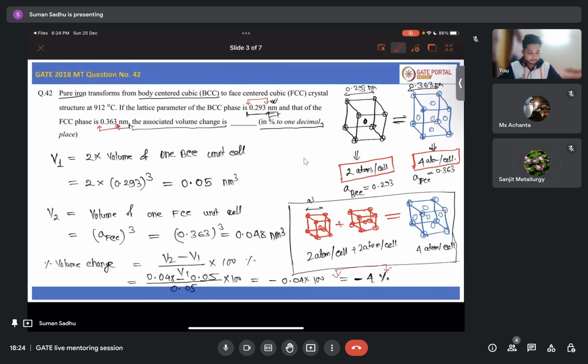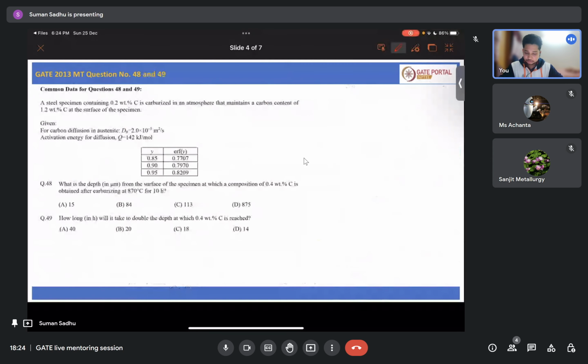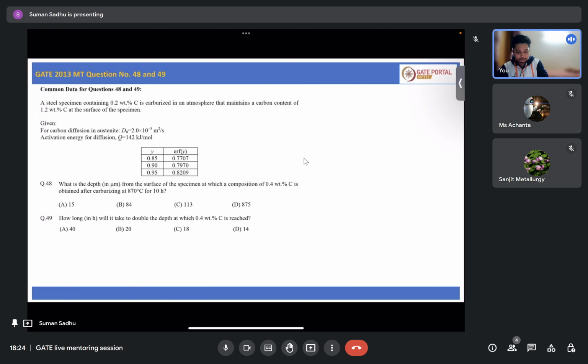Yes, sir. Okay, so this is question number 48 and 49 of GATE 2013 Metallurgical Engineering. This is a common statement for both questions 48 and 49. The statement is: a steel specimen containing 0.28% carbon is carburized in an atmosphere that maintains a carbon content of 1.28% at the surface of the specimen.